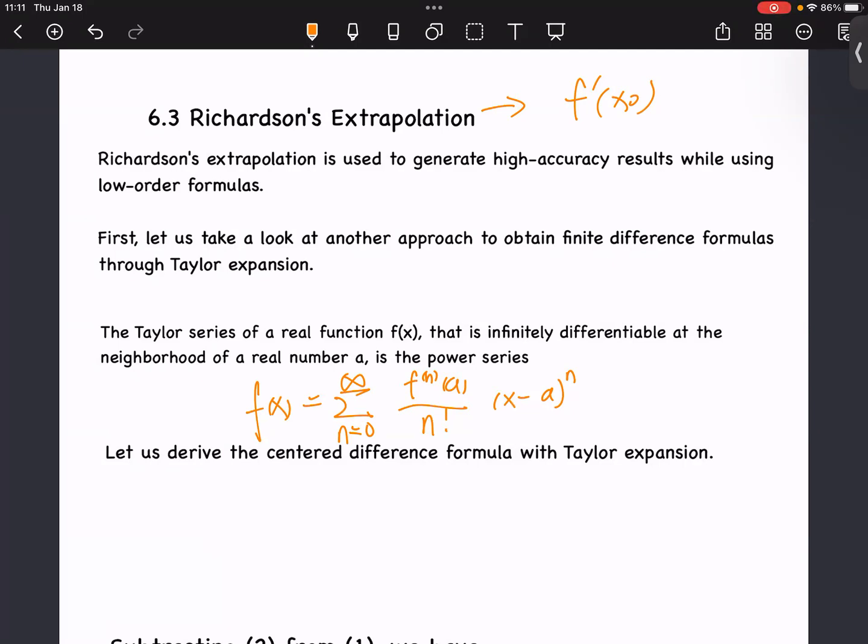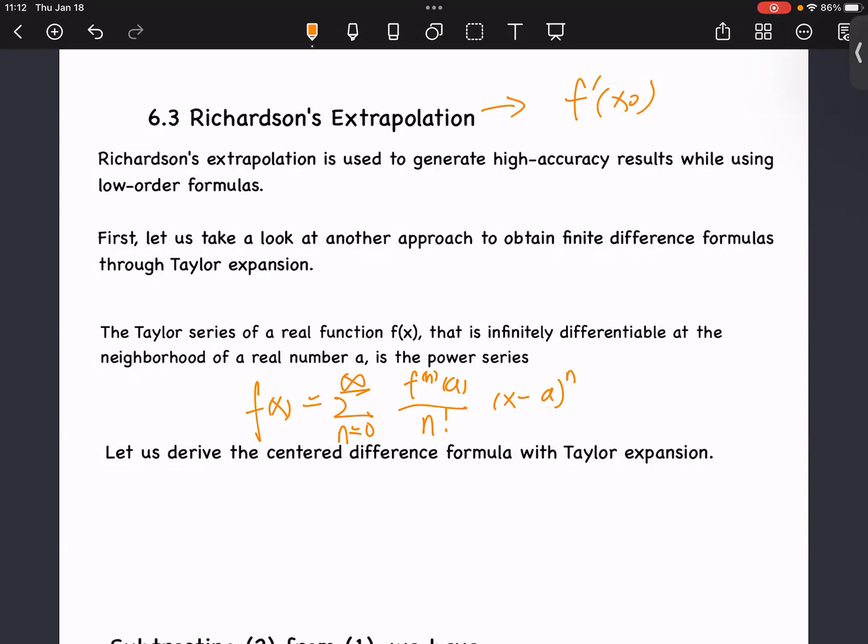You will see I'm deriving this again, and this is because I will use this derivation to get the Richardson extrapolations.